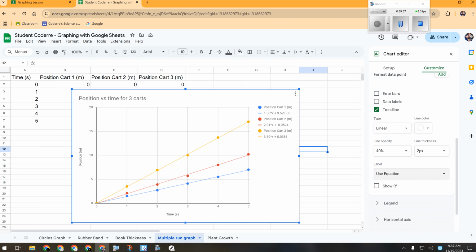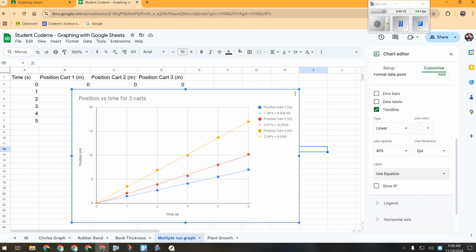What's the velocity of cart 2? .01 meters per second. How did you know that? Because that's the slope.